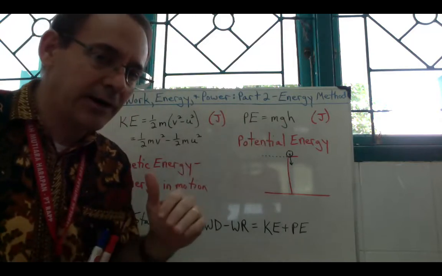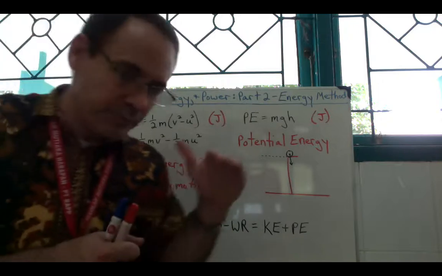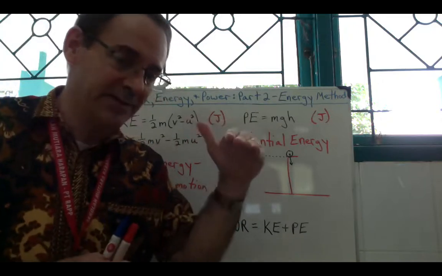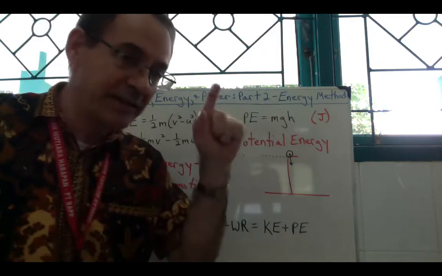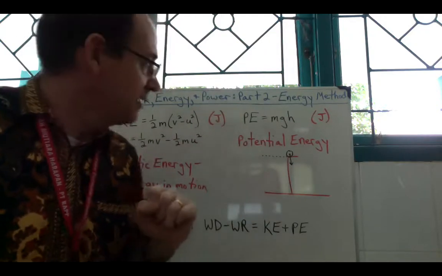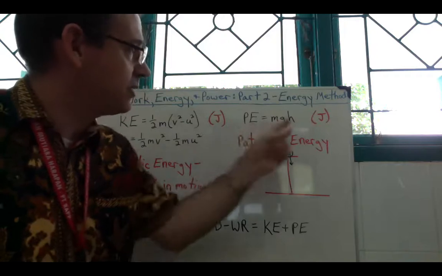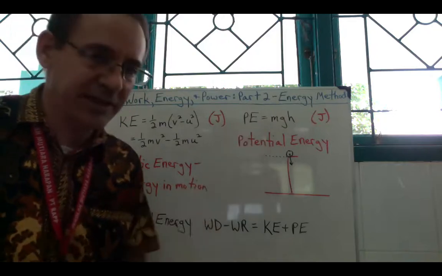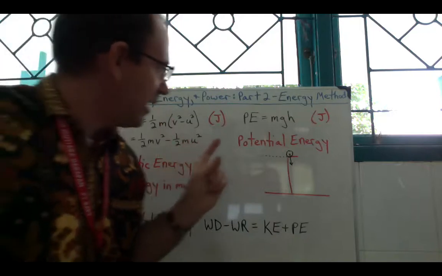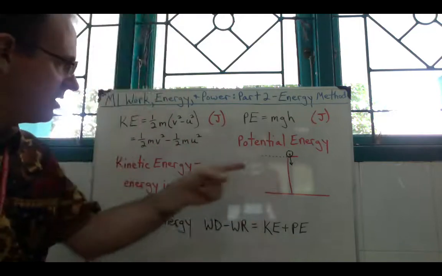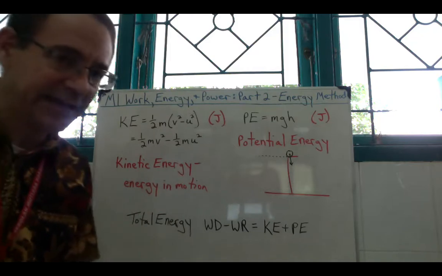So if you are going from one height above the ground to another height above the ground, then your height would be that change in the height that you have. So this will give you your potential energy. And again, potential energy can be converted into kinetic energy.